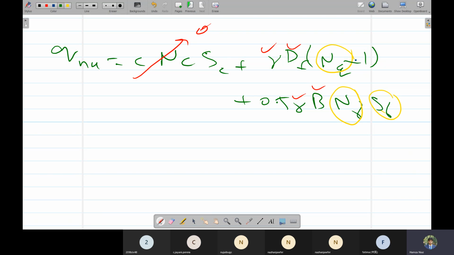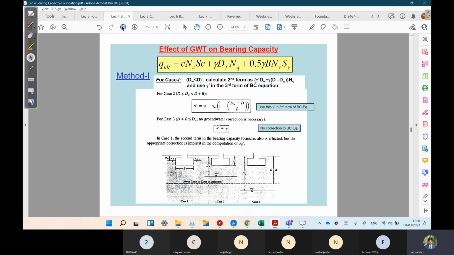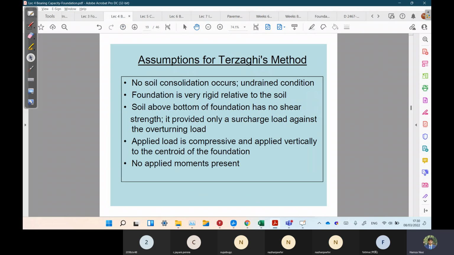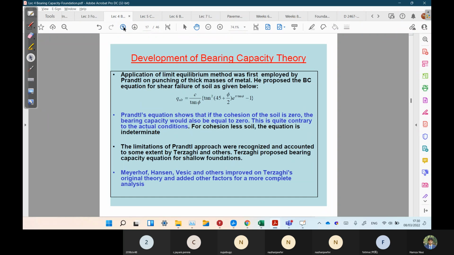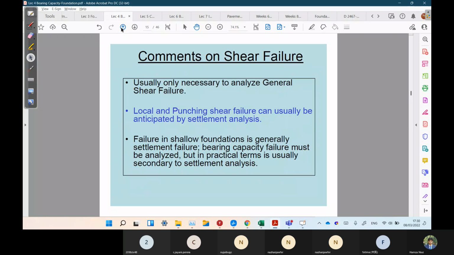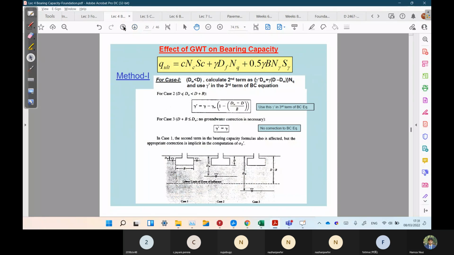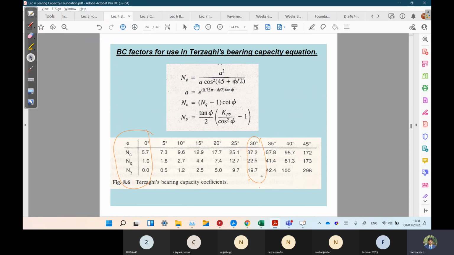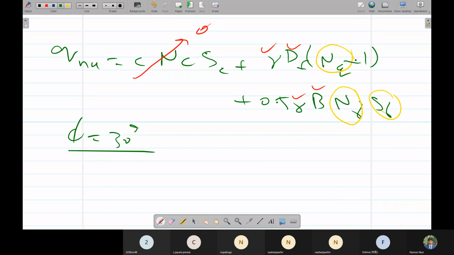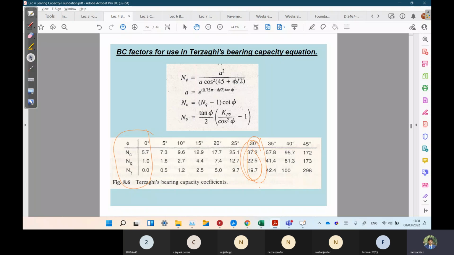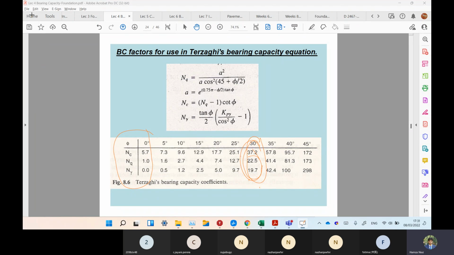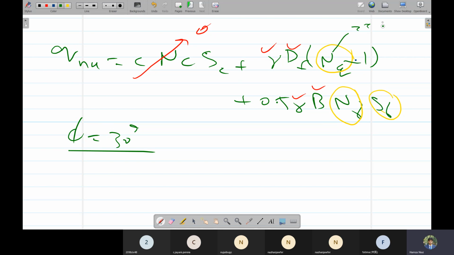We simply use phi equal to 30 and get NQ and N gamma from these values. For 30 degrees, it's again the same values: NQ is 22.5 and N gamma is 19.7.